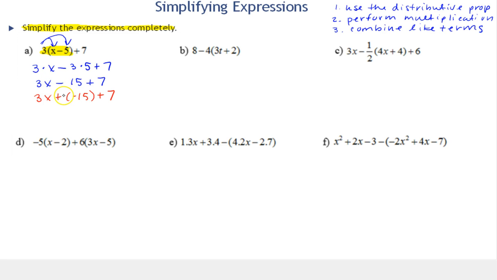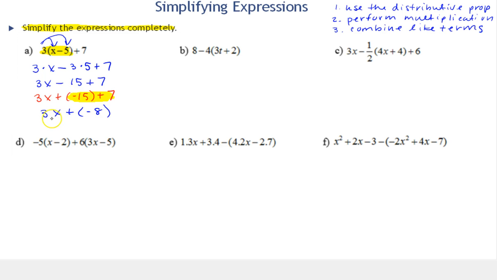Eventually, you probably won't need to do this step, but I want you to see that when we're combining the 15 and the 7, it's not 15 plus 7 is 22. We're thinking of this subtraction sign as adding a negative. So now, negative 15 and 7 are like terms, so we can combine them. And we have 3x plus negative 8.